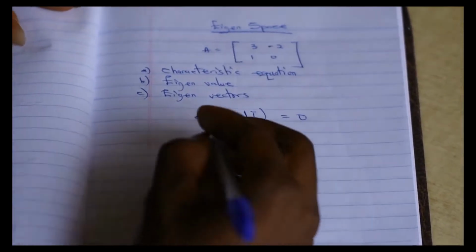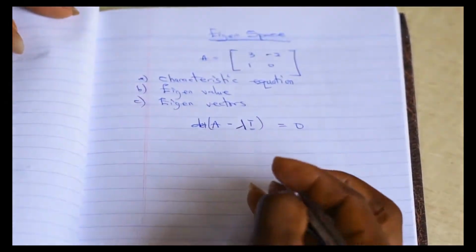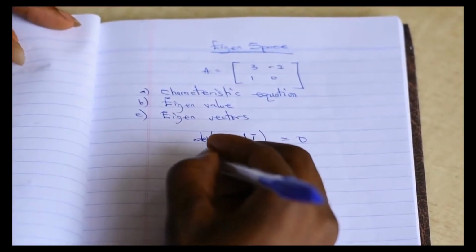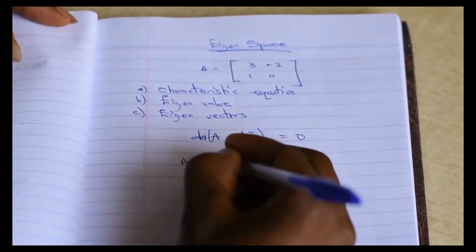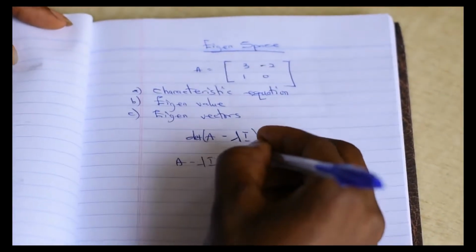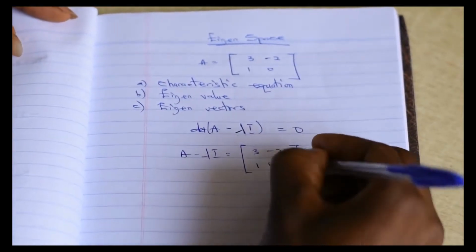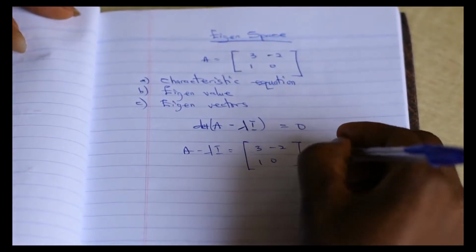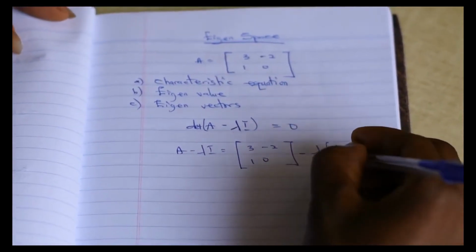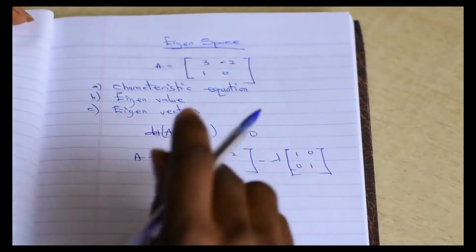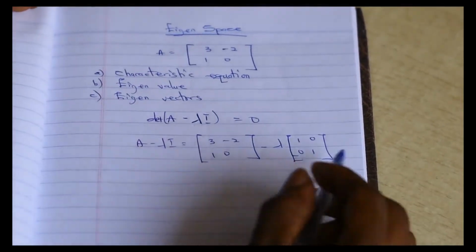So let's find this matrix. This is our matrix A. It's going to be this, and this is the unit vector in this matrix space, which is a 2 by 2 matrix.